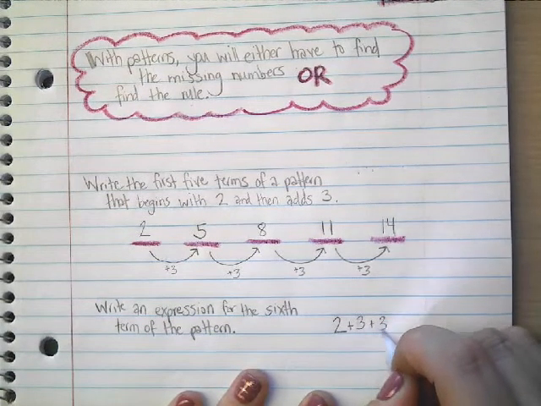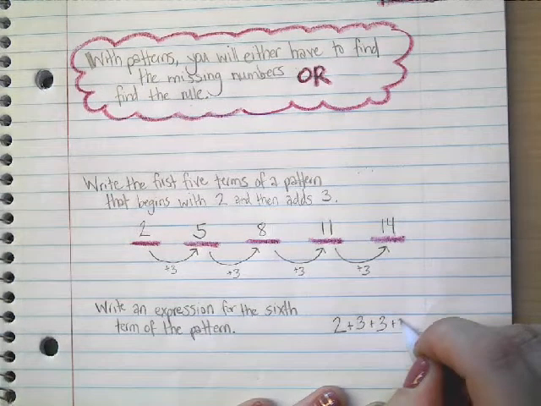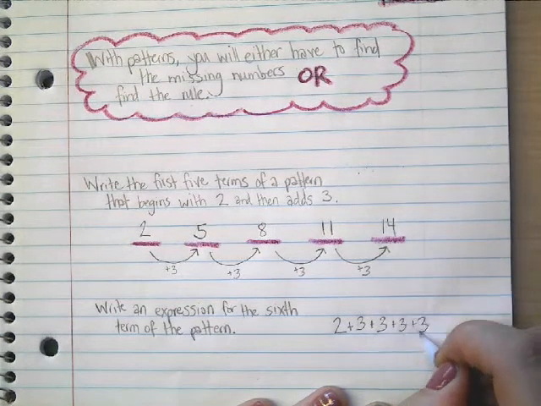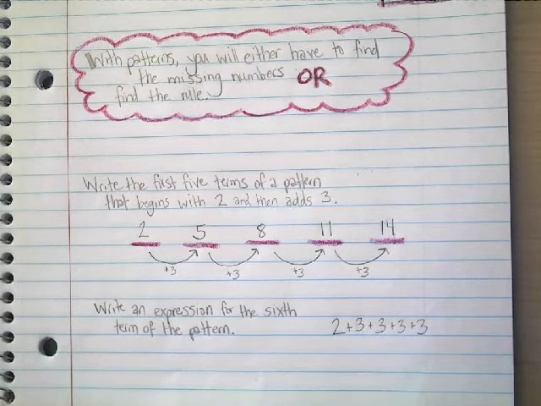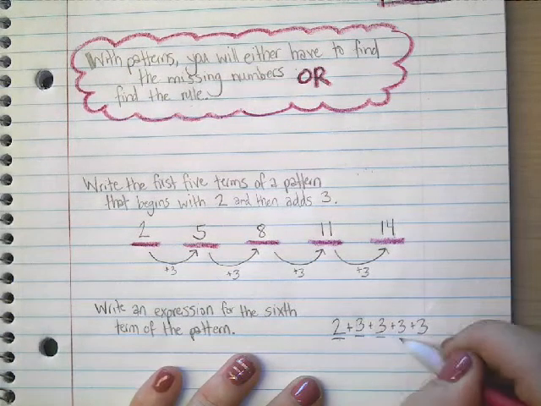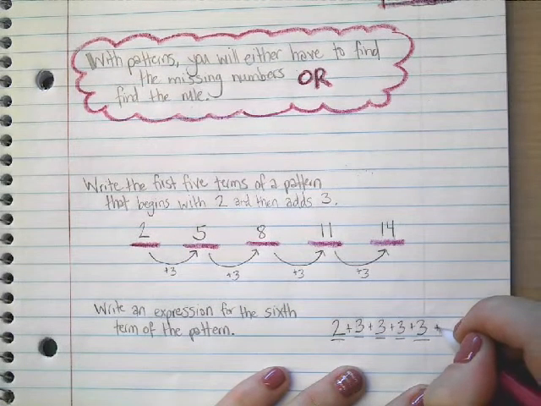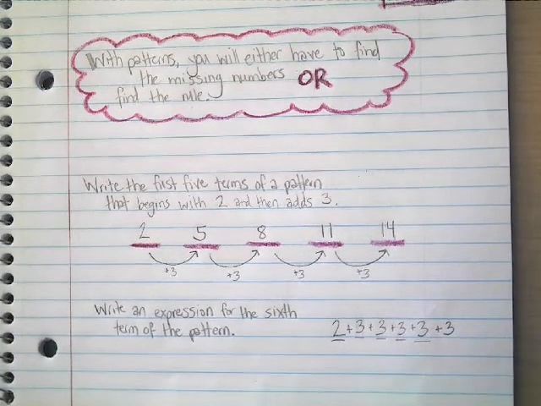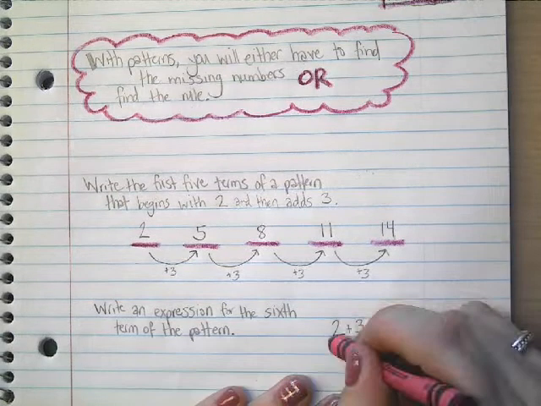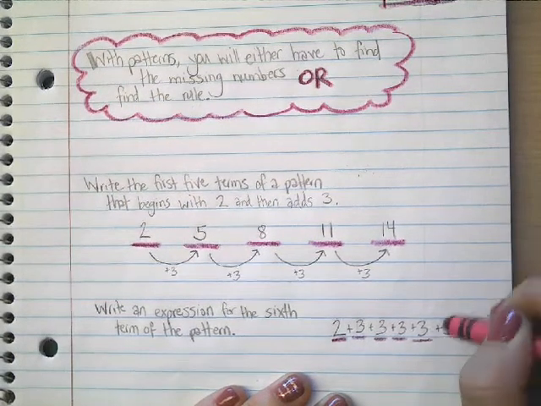So I started at 2, then I added 3 to get 5, I added 3 to get 8, I added 3 to get 11, and I added 3 to get 14. And then I would have to add 3 again to get the next number, right? Because this is the first number, second number, third number, fourth number, fifth number. So I'd have to add it one more time to get that 6th number.